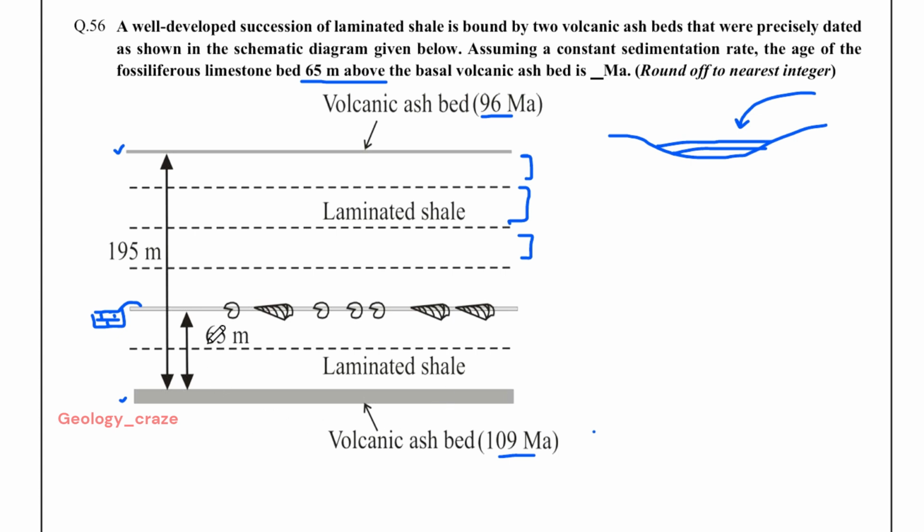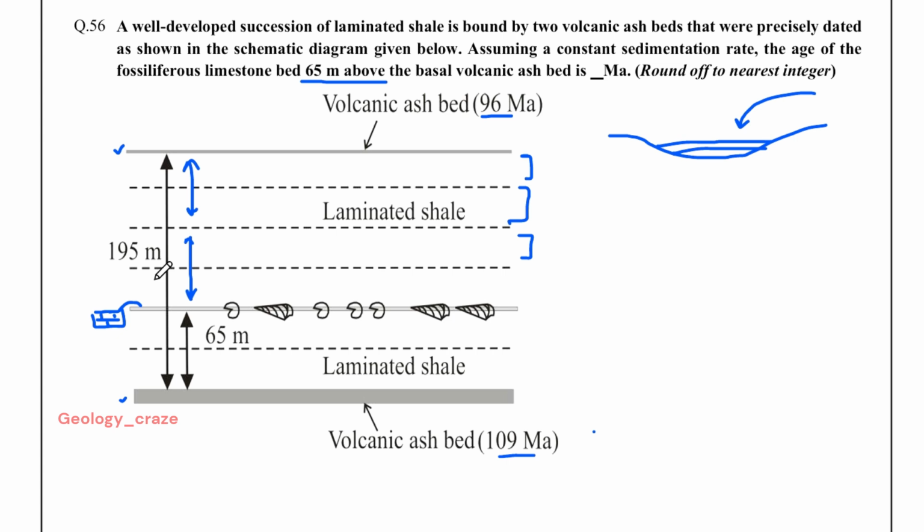If here to here is 65, here to here is also 65, and here to here is also 65. If we add the three, we get 195, the total thickness between the two volcanic ash beds. First we will go with the direct method and then solve from the options.